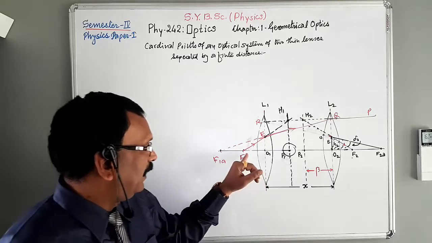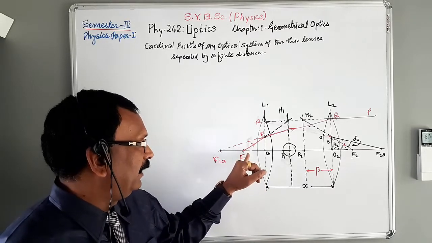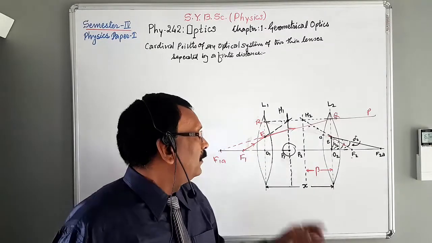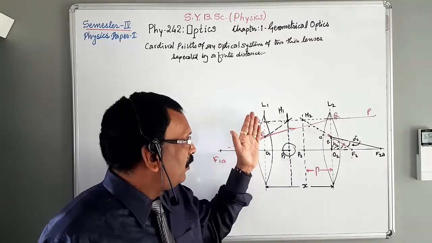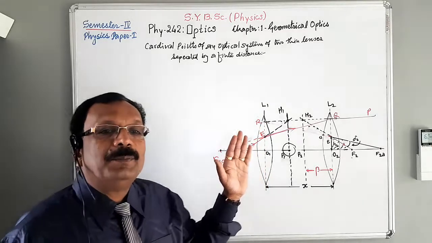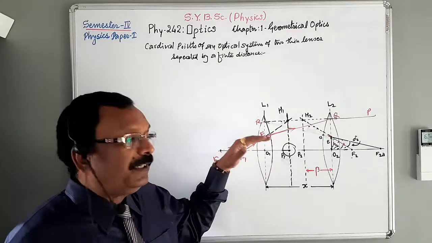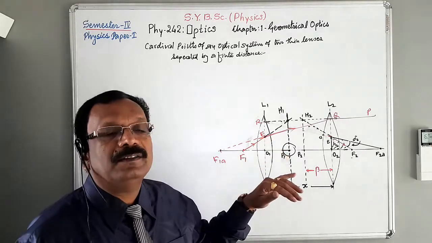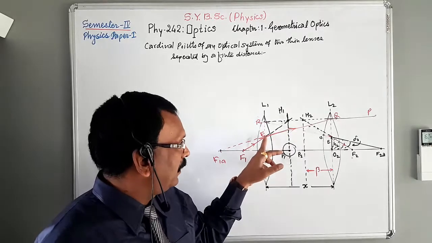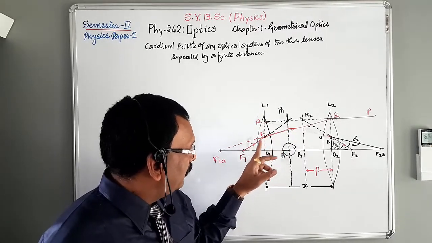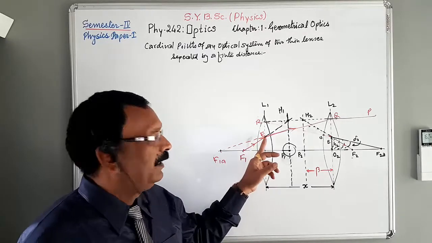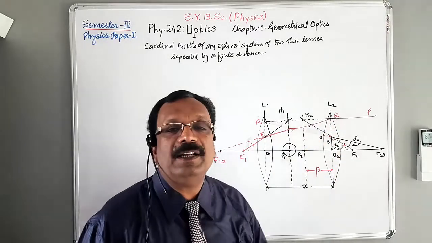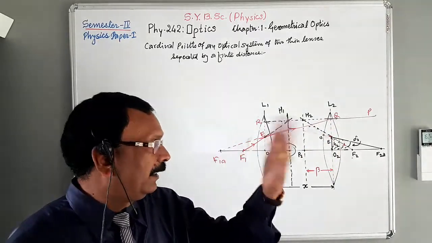Again, consider the incident ray F1E. When incident on lens L1, it produces a refraction. After refraction through L1, it travels along EQ and strikes the lens L2 and is further refracted.